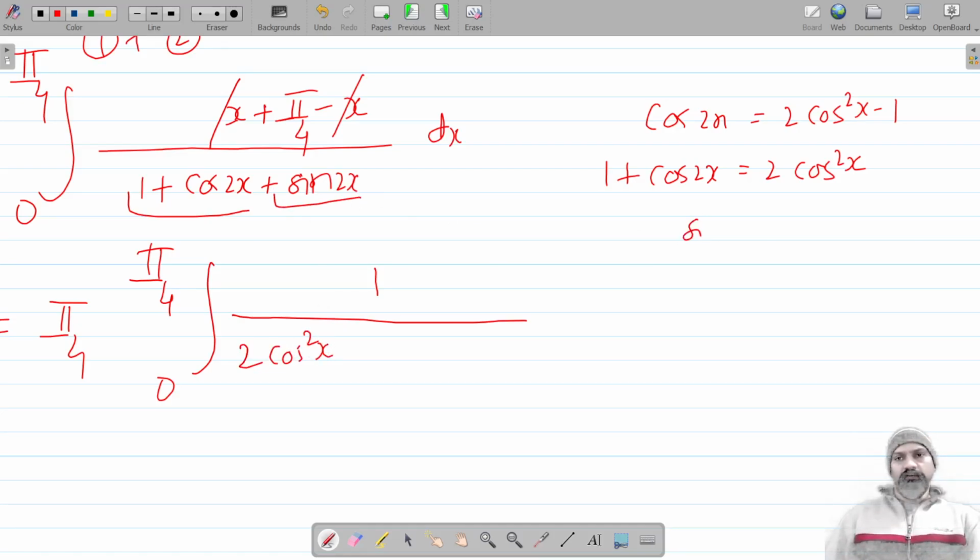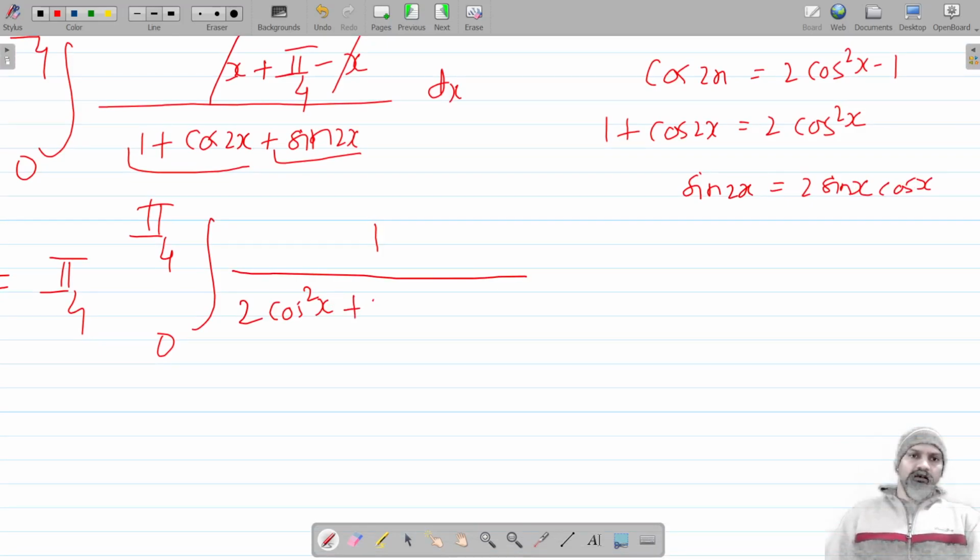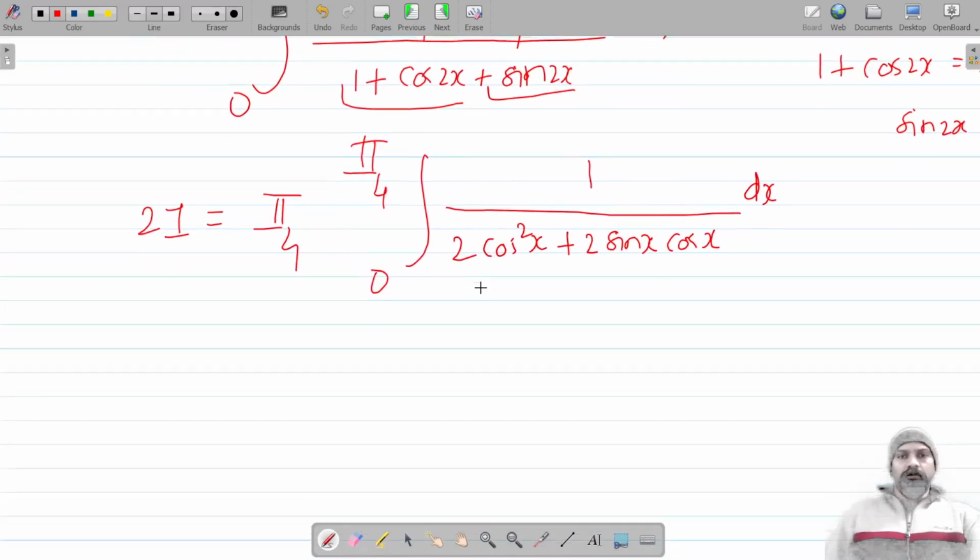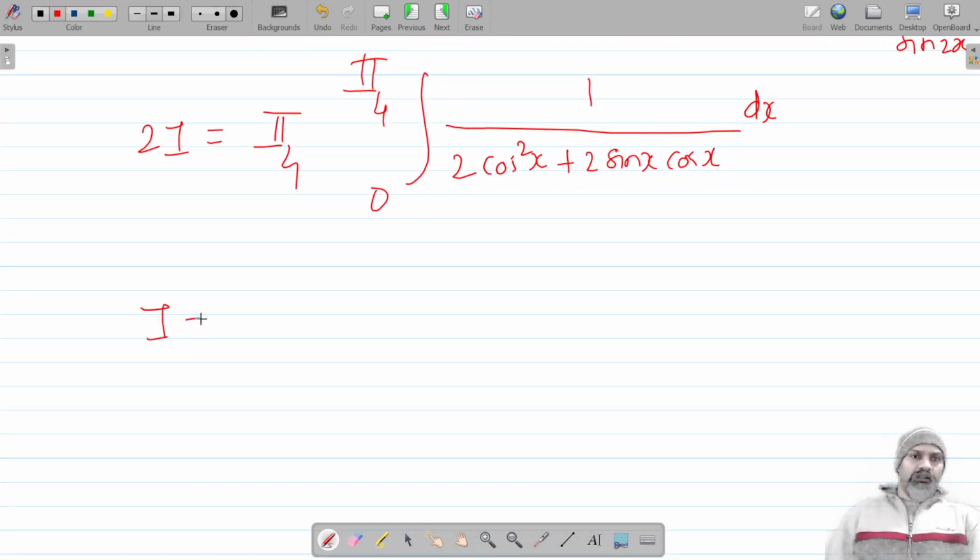Now sine 2x is equal to 2 sine x into cos x. Okay, so I is equal to pi by 8, and this is 0 to pi by 4.